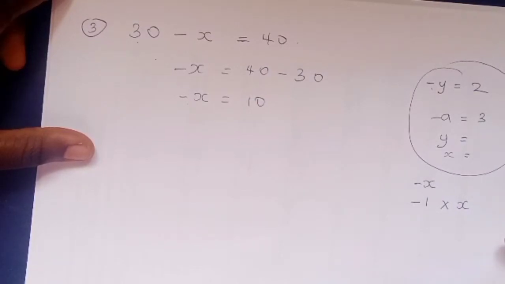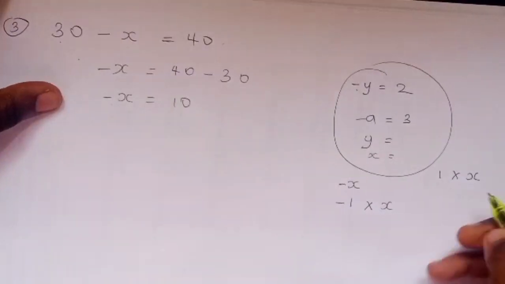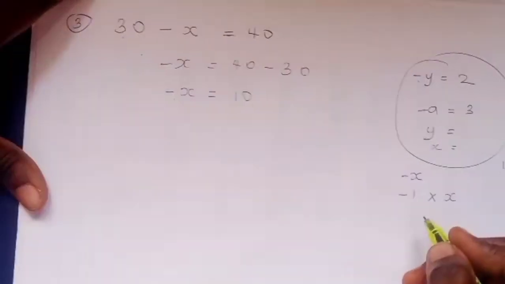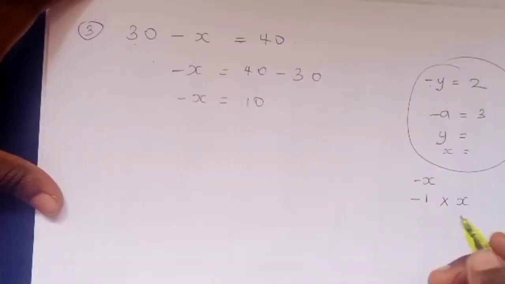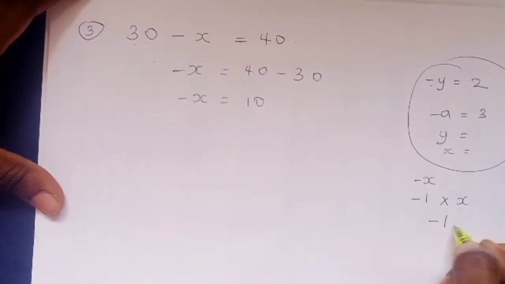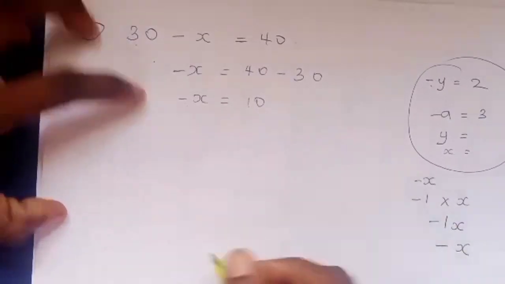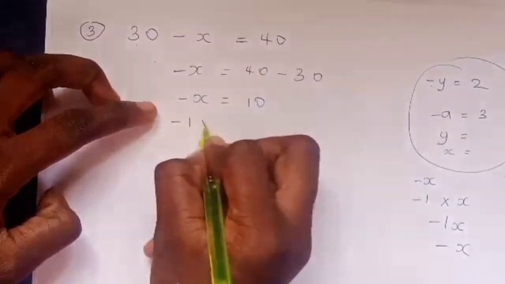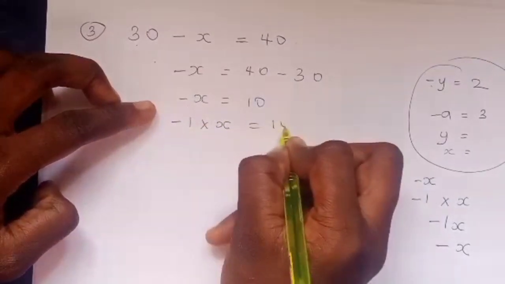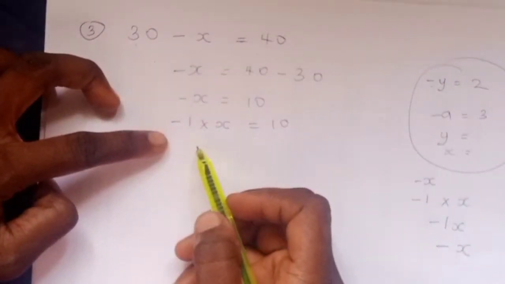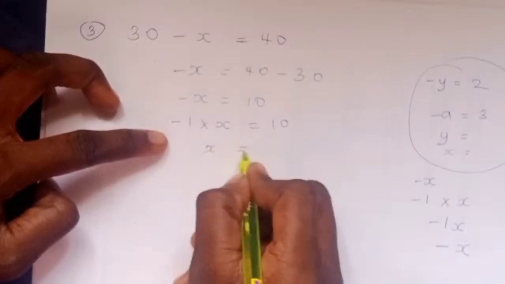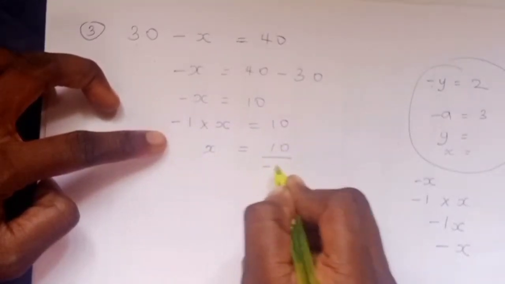So 1 times x is x, and minus 1 times x is still going to be minus 1x, which is also the same thing as minus x. So here it's going to be minus 1 times x equals 10, and you divide by minus 1. So x will now be equal to 10 divided by minus 1.